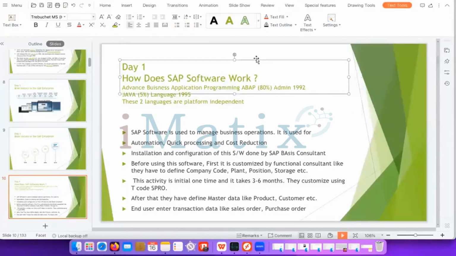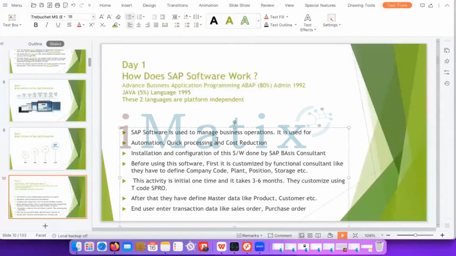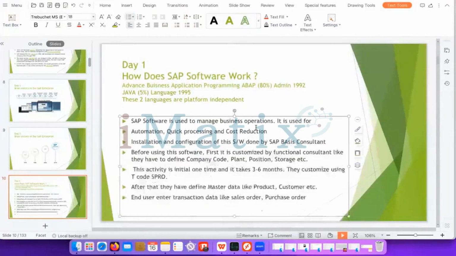Why is SAP software very popular? Because SAP software is used to manage business operations. It does automation, quick processing and cost reduction. Why are companies implementing this software? Because they are going to reduce the cost, do quick processing, and everything will be automated.